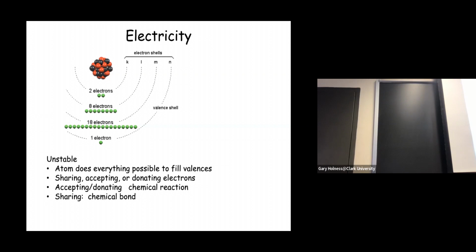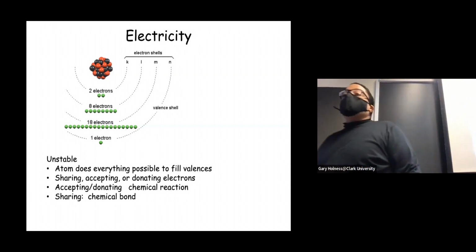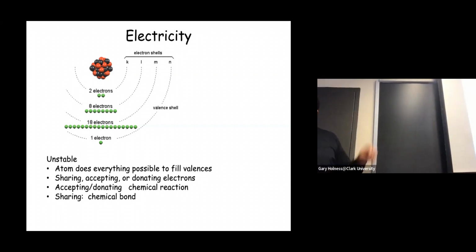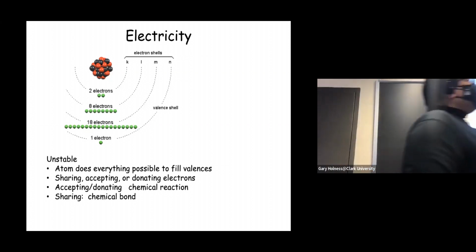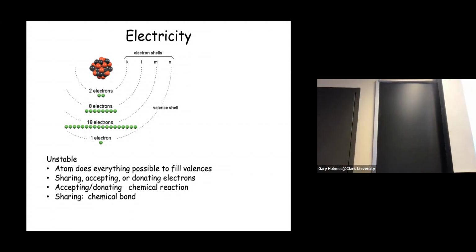Okay. Well, how does it do this? It does this by donating or accepting an electron from a nearby other atom. It also can do this by sharing an electron with another atom. Now, when you donate or accept an electron, that's called a chemical reaction. And that's exactly what chemical reactions are, swapping all around of all of these electrons between valencies.